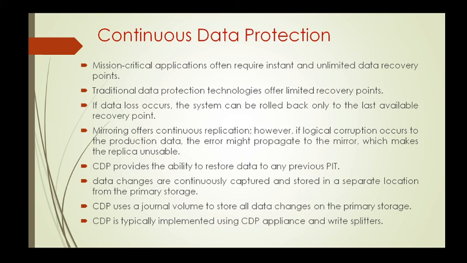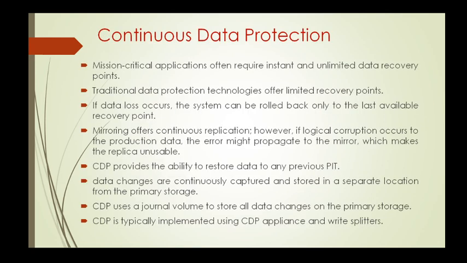In CDP, the data changes are continuously captured and stored in a separate location from the primary storage. Moreover, RPOs are random and do not need to be defined in advance. With CDP, recovery from data corruption poses no problems because it allows going back to a PIT image prior to the data corruption incident.